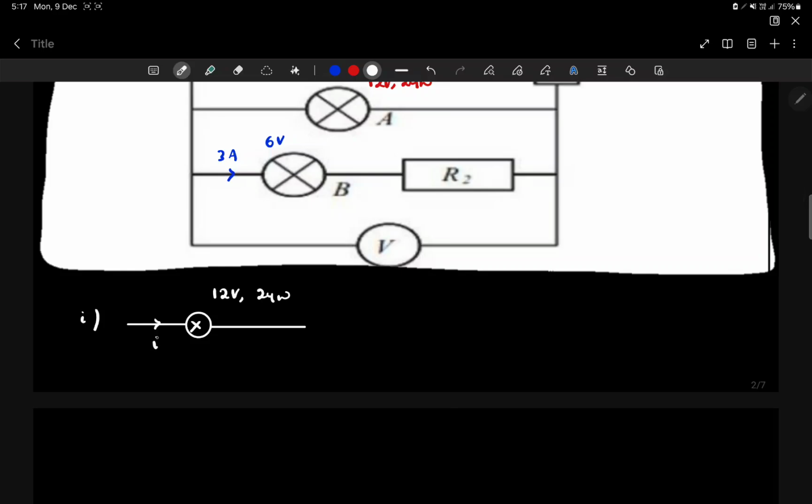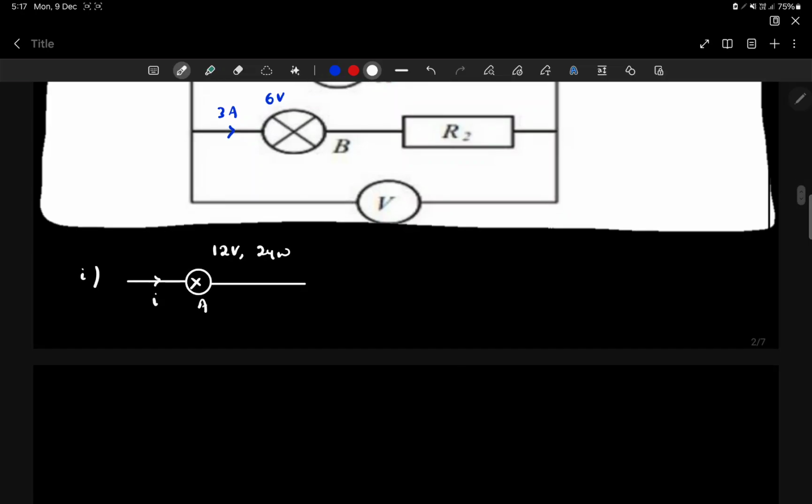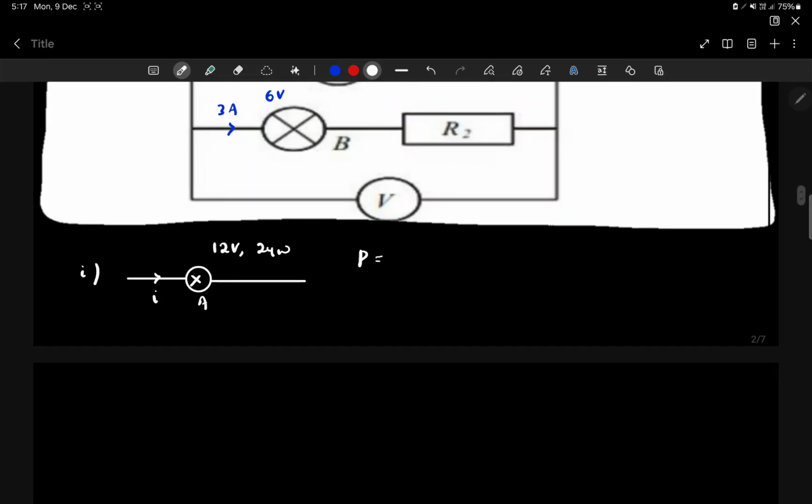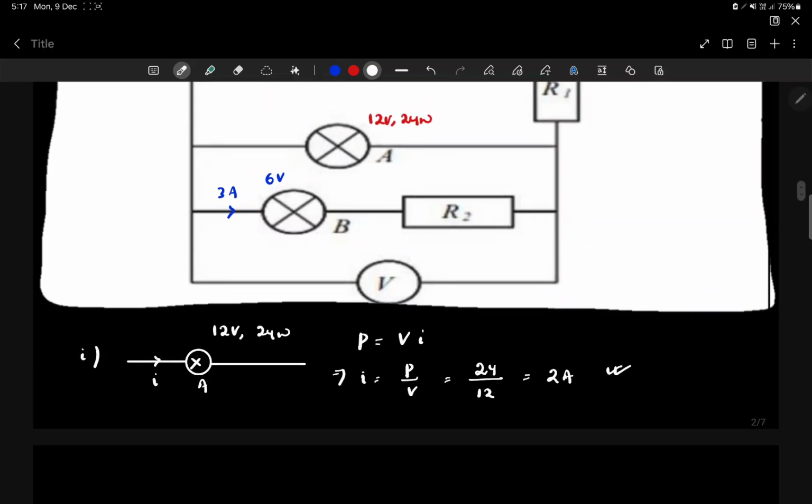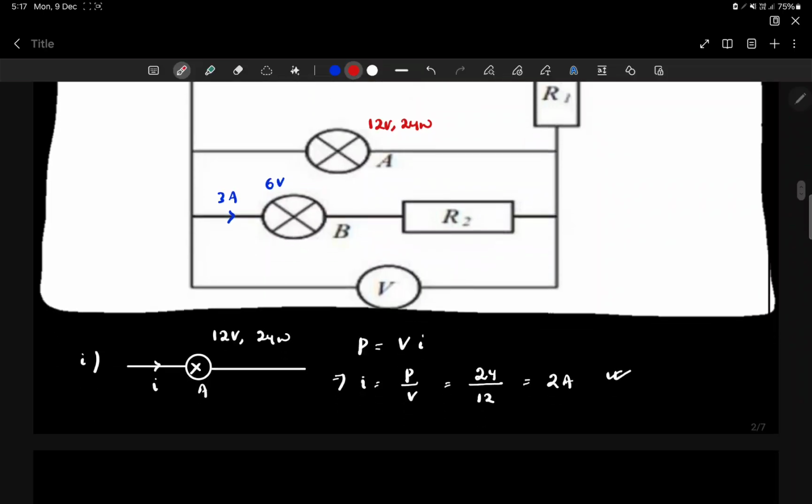Now we can calculate the current through lamp A. We know power equals V into I, voltage into current. That means current I equals P by V. So 24 by 12, that is 2 ampere. So this is the answer of your first part. The current through lamp A is 2 ampere.